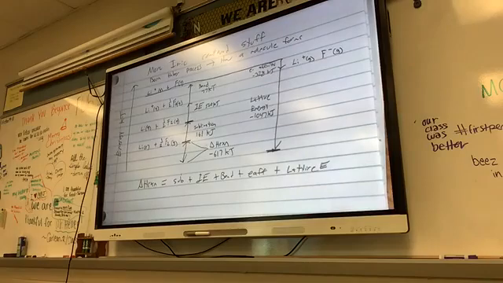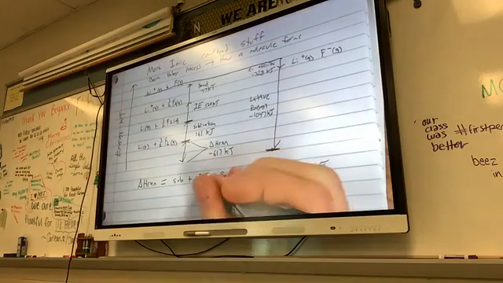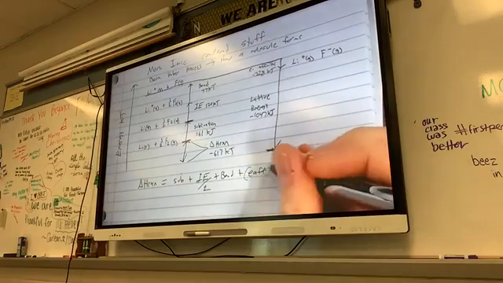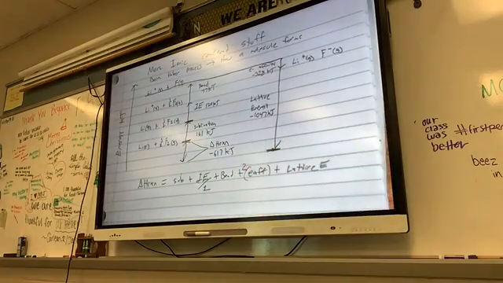Now, here's what you have to do on a homework problem. They're going to say that it is, I don't know, like half the ionization energy. So you'll have to take your ionization energy and divide it by 2. Or they're going to say it's 2 moles of electrons being given away. So you might have to multiply electron affinity by 2. Something like that. So it's literally just adding them up to a total.